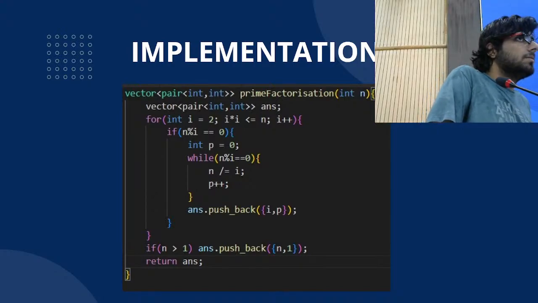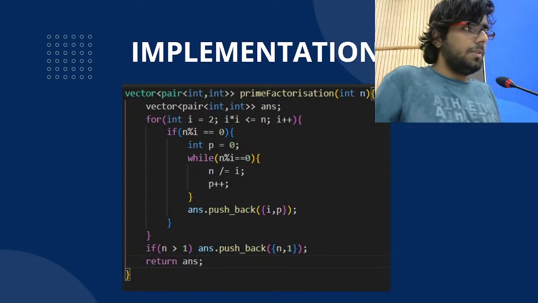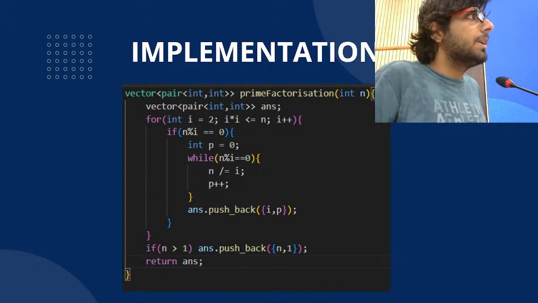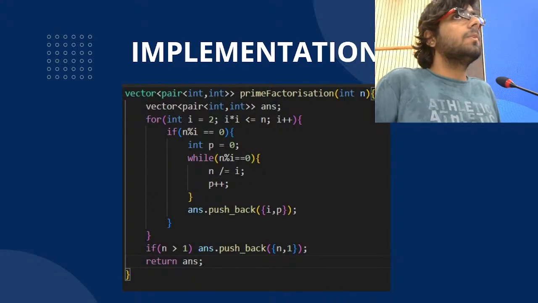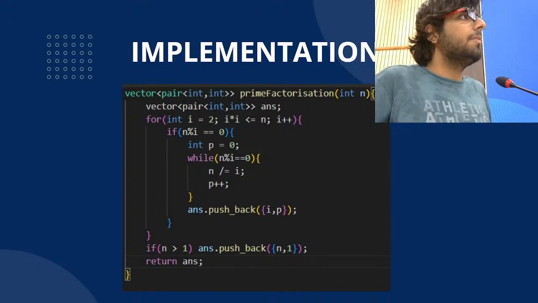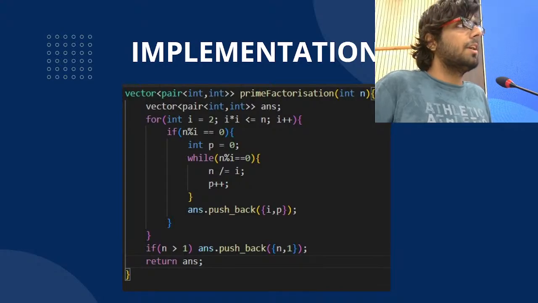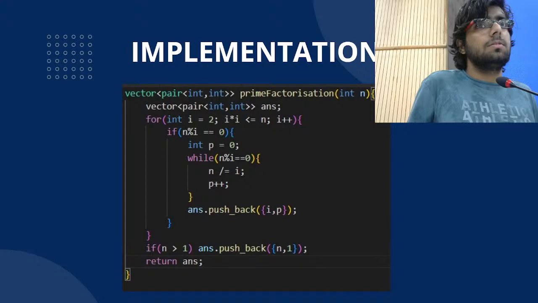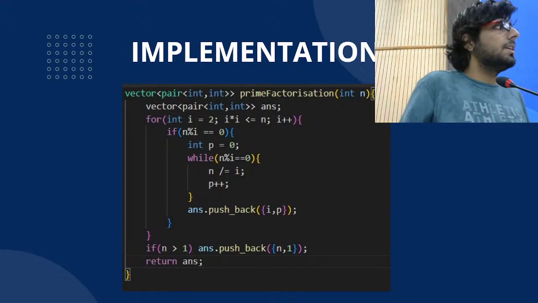Yeah, so we can store the smallest prime factor of each number through a sieve, and we keep dividing by that factor, and once we get one, we are done with it. So this approach is, I guess, also clear.